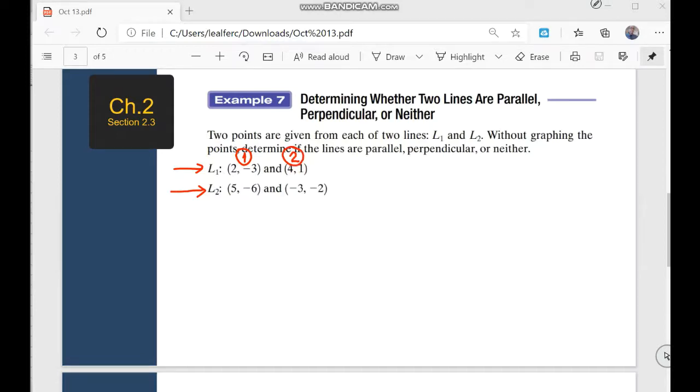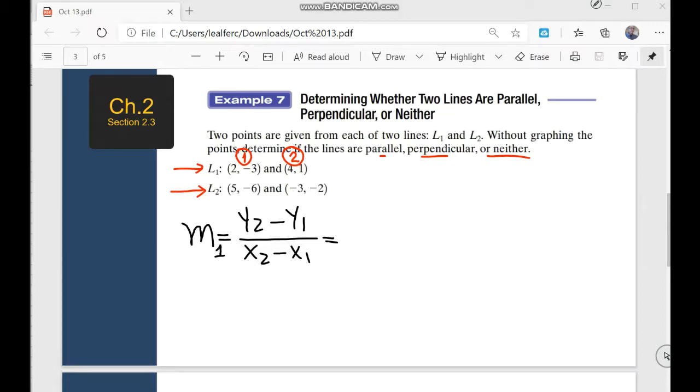Without graphing, determine if the lines are parallel, perpendicular, or neither. So let's work. The first thing that we need to do is to apply the slope formula, y2 minus y1 over x2 minus x1. And let's apply it to the first line. So this is going to be M1, okay, first line.